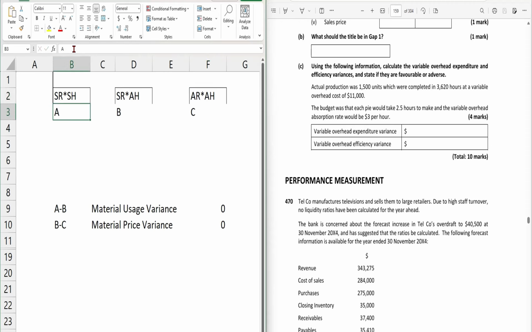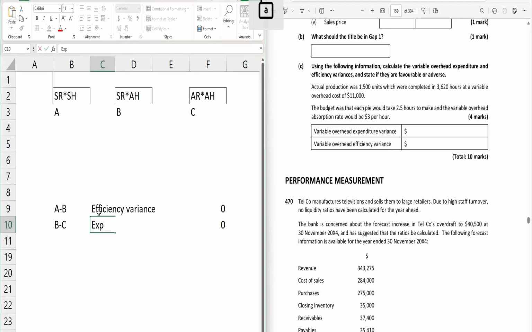All right, so now let's calculate. Now the difference of A and B will be your efficiency variance, and B and C will be your expenditure variance.